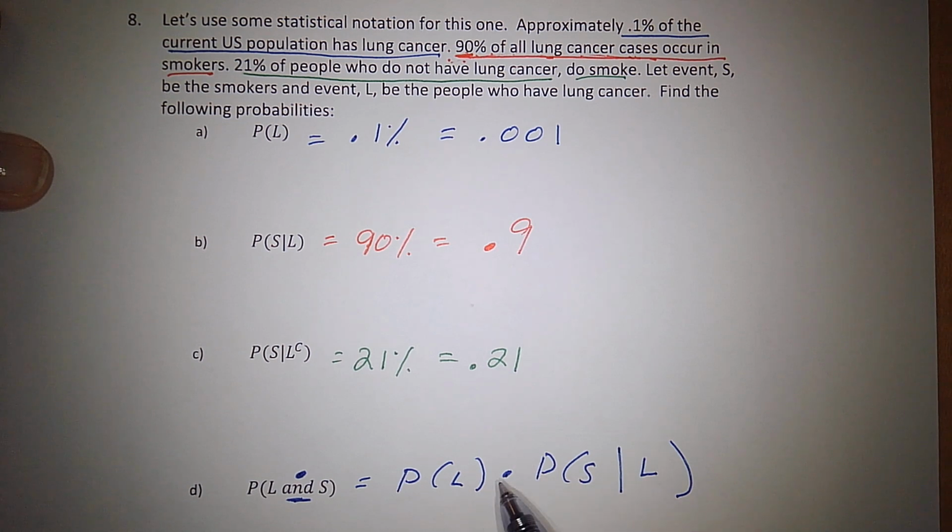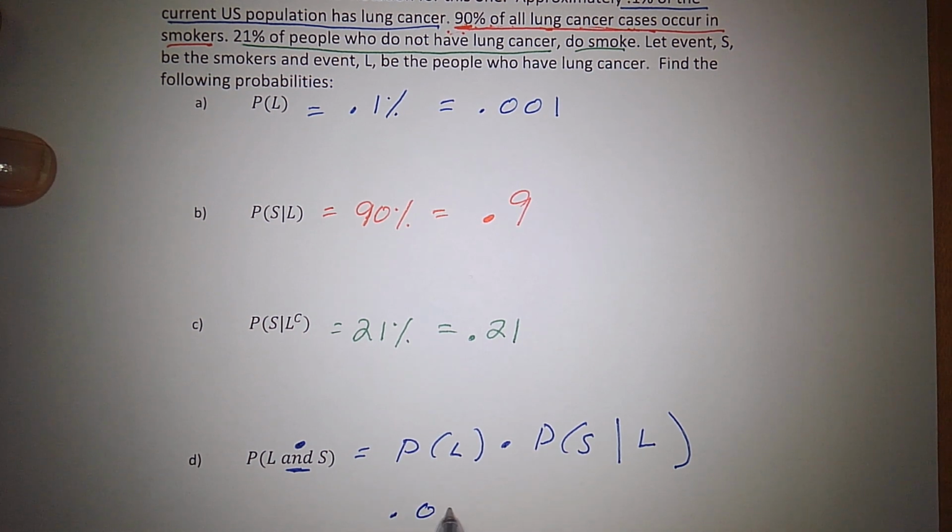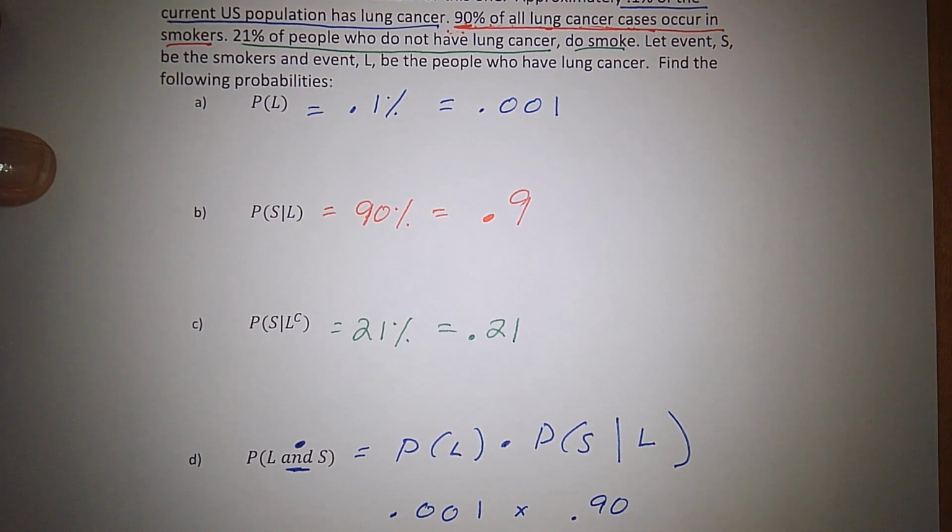And we have both of these pieces of information already designated up here. The probability of lung cancer is 0.001. The probability of smoking, given you have lung cancer, is 0.90. So when I multiply those together, I get 0.0009, which is 0.09%.